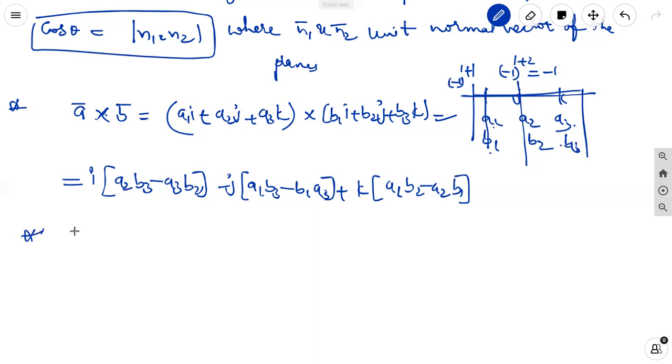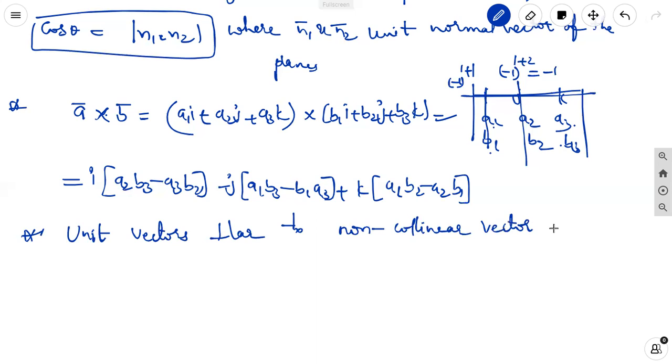Next, it is also very important: unit vectors perpendicular to non-collinear vectors. The unit vectors perpendicular to non-collinear vectors a and b are plus or minus a cross b divided by the modulus of a cross b.